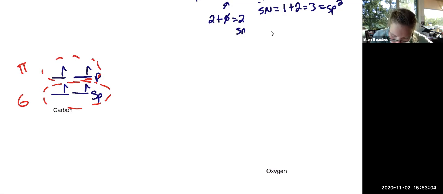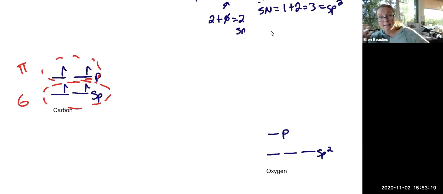What does sp2 hybridized oxygen look like? When we have sp2 hybridization, we form 3 hybrid orbitals. And we have 1 p orbital that's not hybridized. Oxygen has 6 valence electrons. So 1, 2, 3, 4, 5, 6.